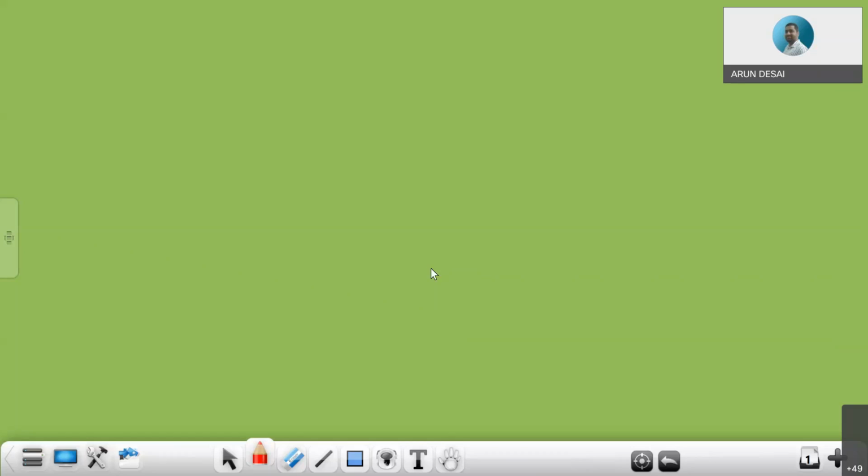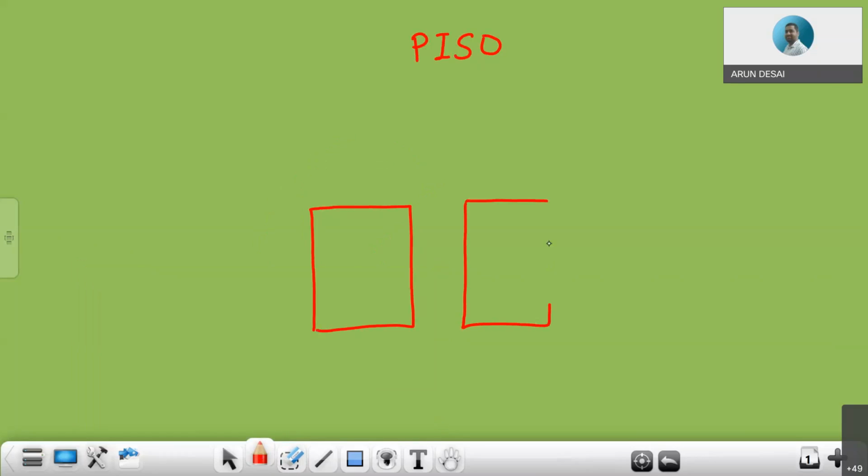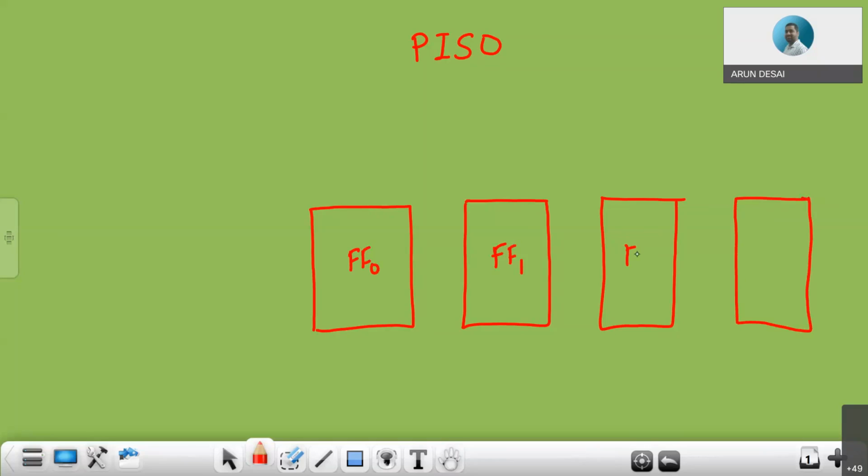So now next is parallel in, serial out. So this is my 4-bit flip-flop arrangement. This is FF0, FF2.